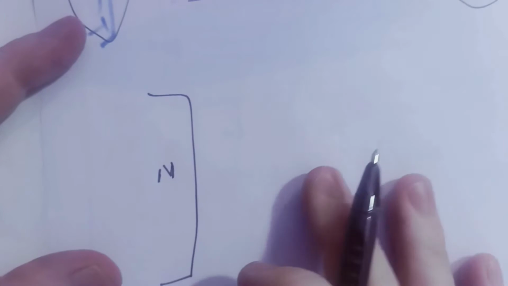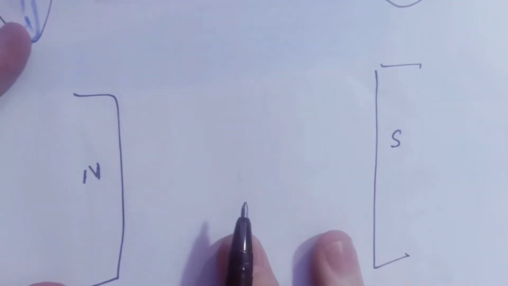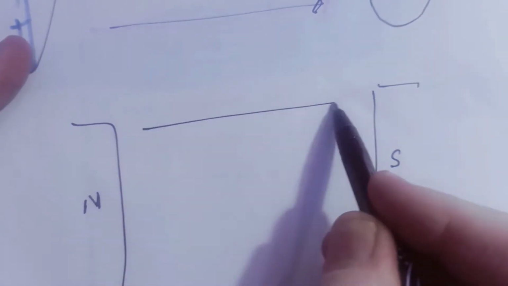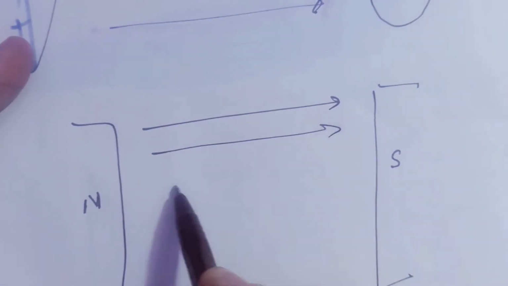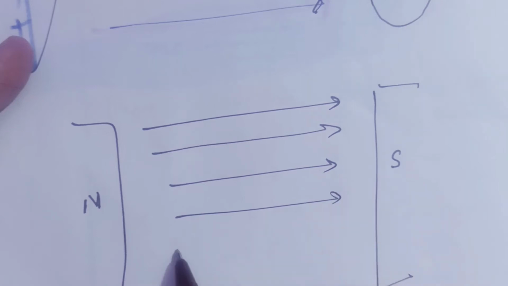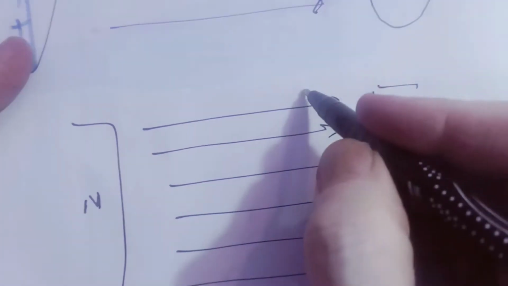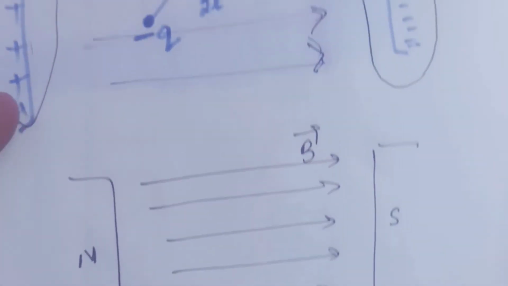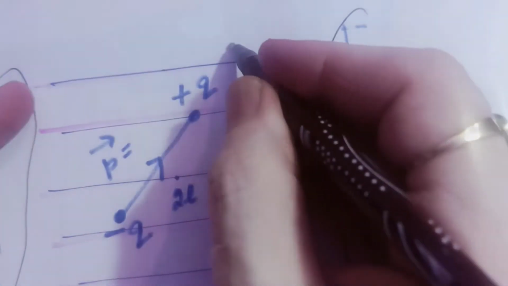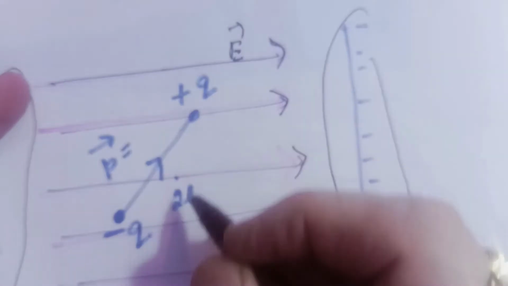Like that in our case, instead of positive we have a north pole and a south pole, then magnetic lines will be north to south, meaning a uniform magnetic field, as here it was a uniform electric field.